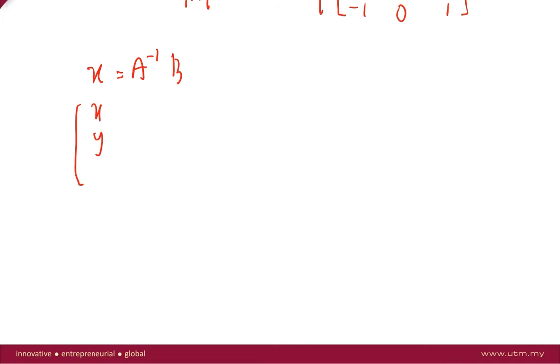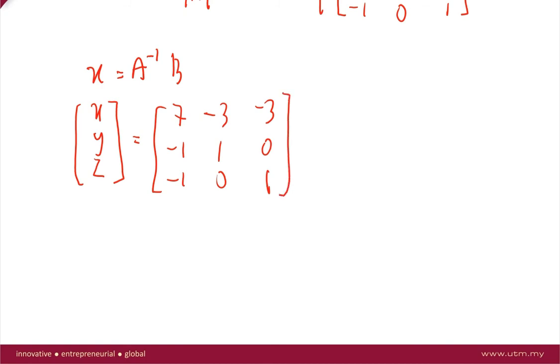So X, Y, Z equals A inverse times matrix B, which is negative 1, 2, and 3.